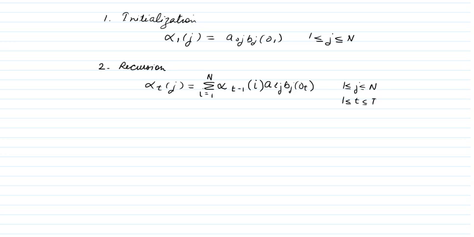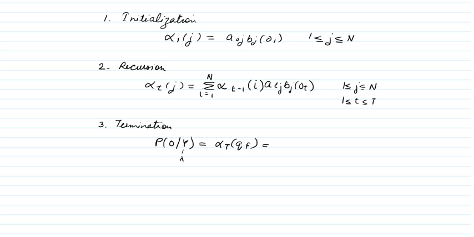And then we can terminate. P of O given the hidden Markov model, or in previous classes P of O given lambda, is alpha_T(q_F), where q_F is the final state.